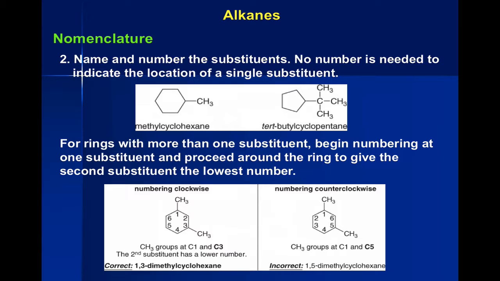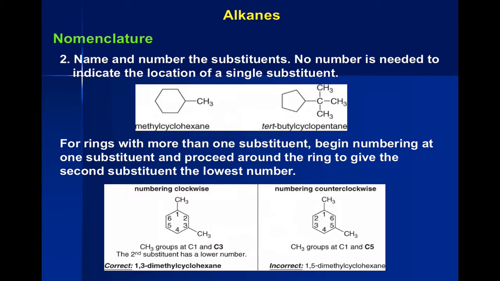Removing that hydrogen from that tertiary carbon is how we come up with tert-butyl. But the easy way to remember it is it looks like a T. Okay? So tert-butyl. Tert-butyl is one of those substituents that doesn't really follow the IUPAC nomenclature rules, or systematic rules, I should say. It is an IUPAC accepted name.